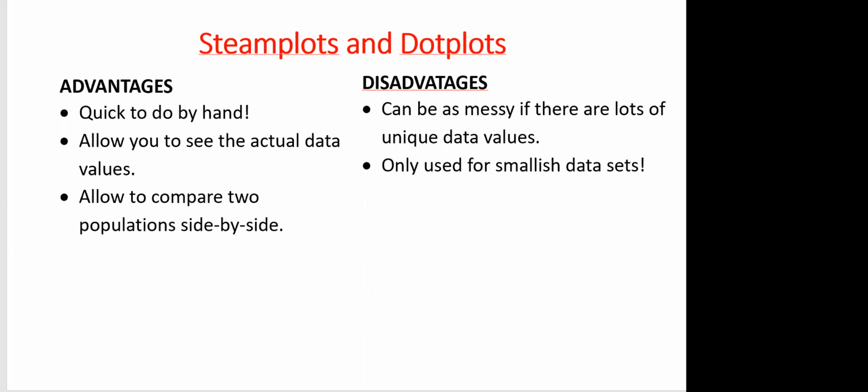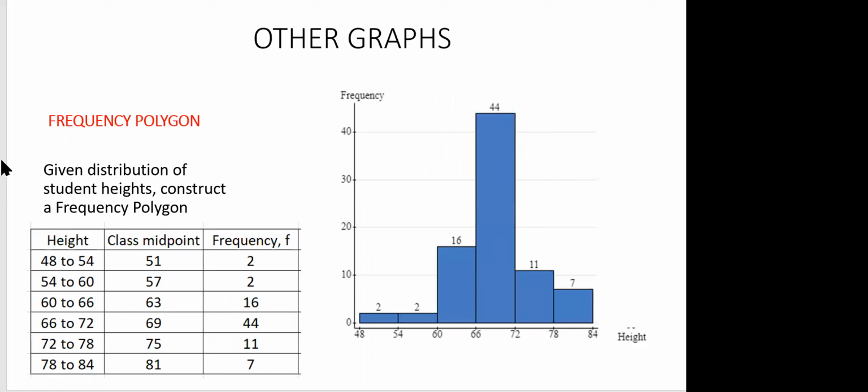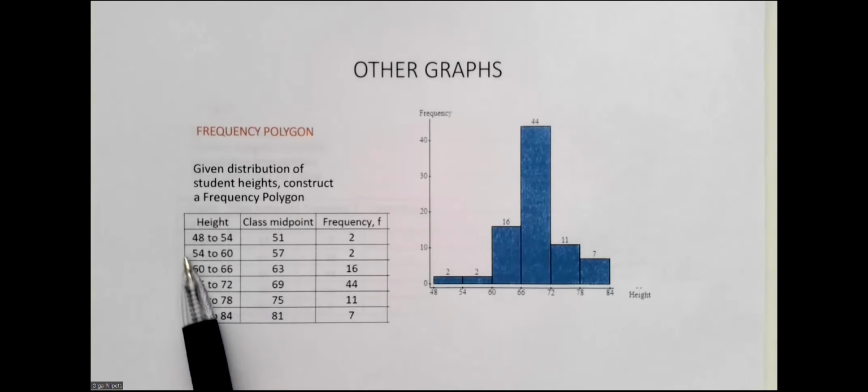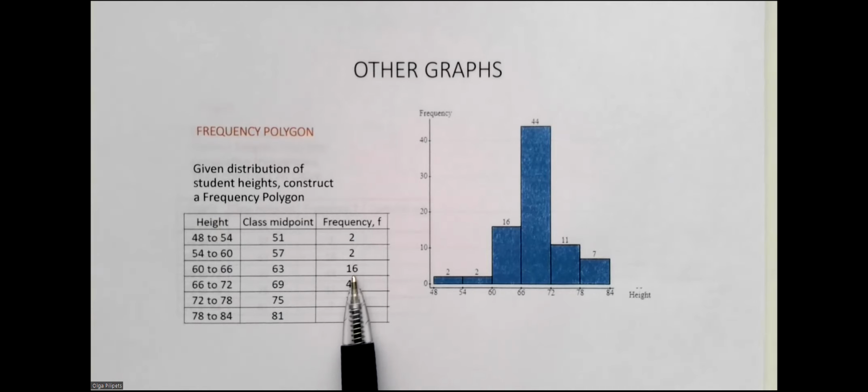Now the next graph that we're going to talk about is the frequency polygon. Again, let me show how to do a frequency polygon. In order to do a frequency polygon, you have to do the same work that you did for a histogram.